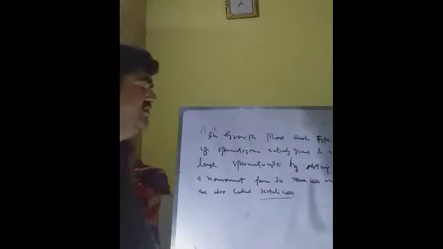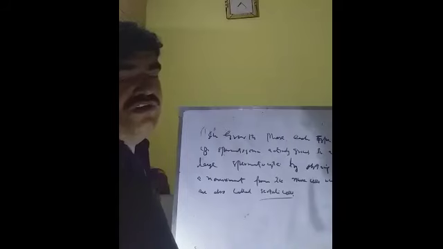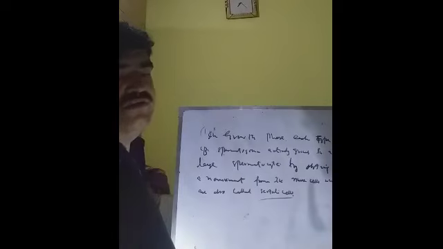Their function is to give nourishment to the sperms. So in the growth phase, each type B spermatogonia grows to form a large spermatocyte, obtaining nourishment from the nursing cells.